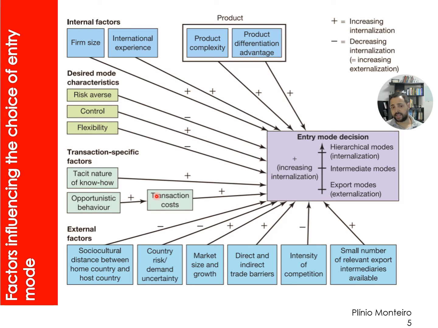This is a case of opportunistic behavior, and it will increase your transaction costs. So you are aware that you're losing money by having relations with these external companies. In that case, companies will have more incentives to have their own operations abroad, and because of that, it will increase the usage of internalized entry modes.